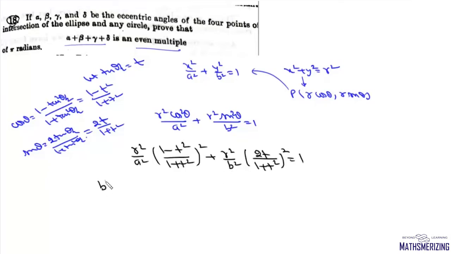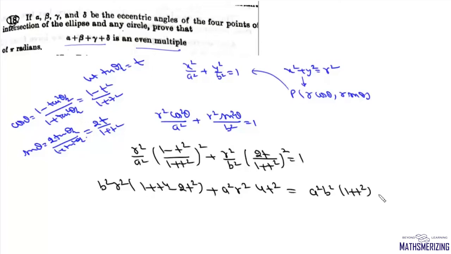Then we can write b square r square (1 plus t to the power 4 minus 2t square) plus a square r square into 4t square, and it will be equal to a square b square (1 plus t square) whole square. Now we'll write this equation as a biquadratic equation in t.